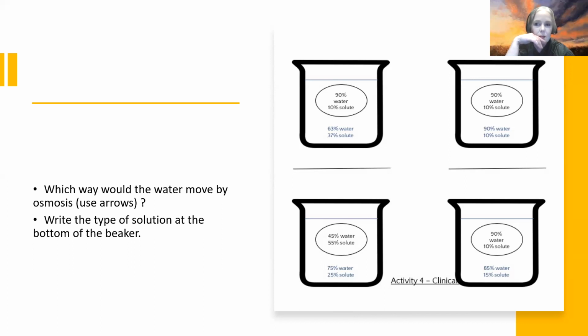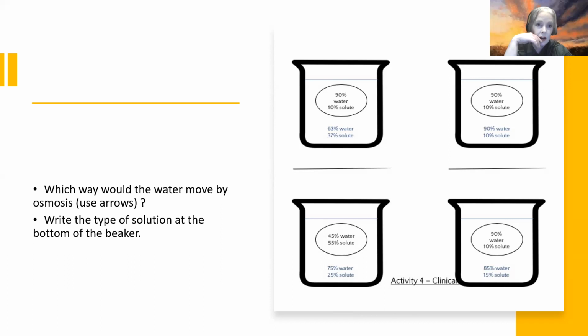So you need to look at the amount of solute and the amount of water in comparison to what's going on inside that egg. On the worksheet, there are two more at the very top. The first one is 50% water, 50% solute in the cell, and 50% water and 50% solute in the solvent.